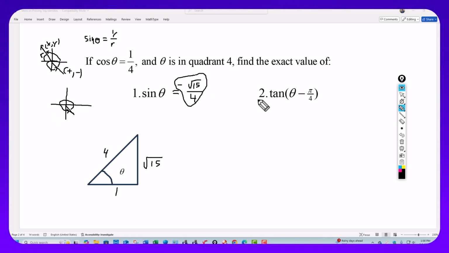Okay. Now, for number 2, we want to find the tangent of that same angle, theta, minus pi over 4. So here's where I'm going to use the identity I just mentioned.